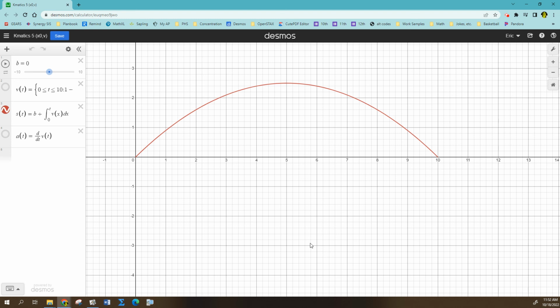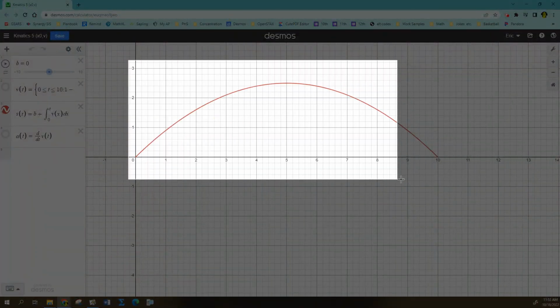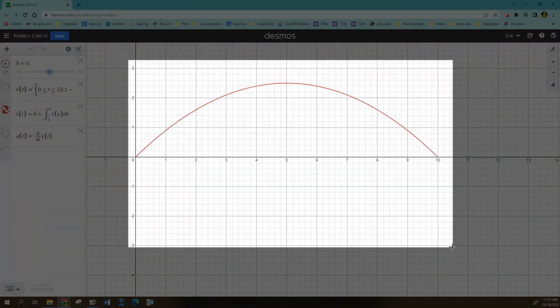At the top. So right at 5 seconds. Everybody agree? If I draw a little tangent to the graph there, that's helpful to do. Let me take a picture of this thing for now.